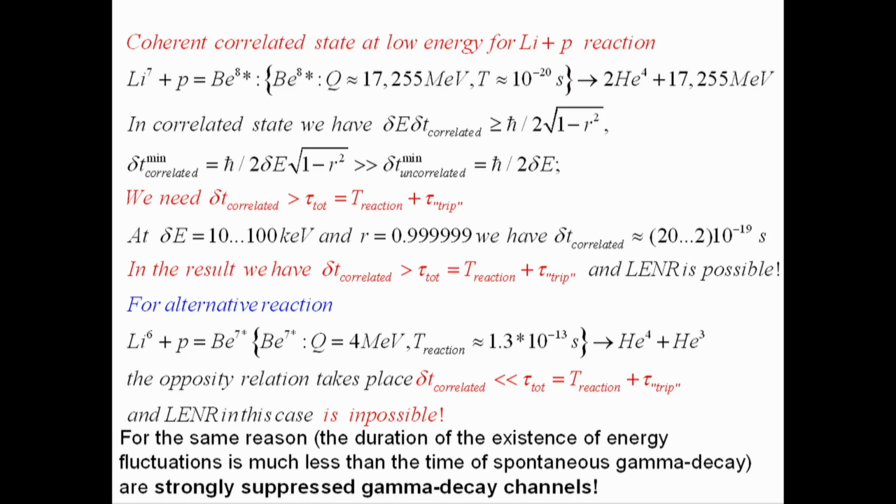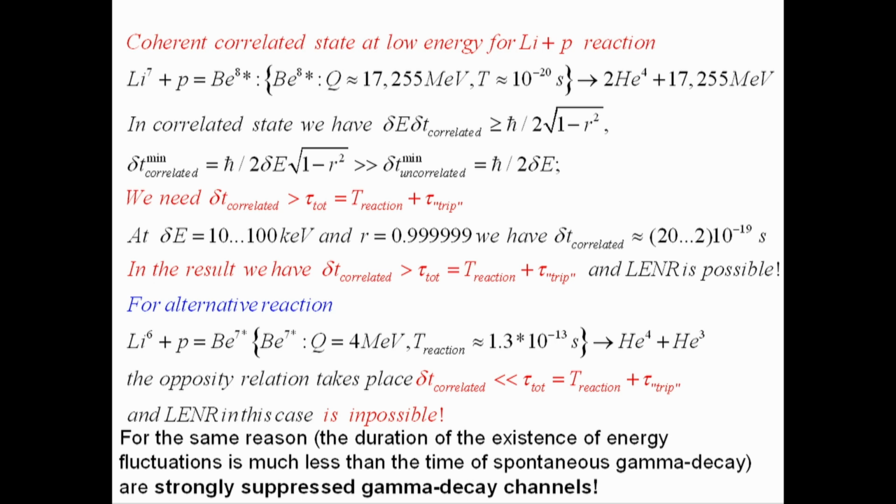Gamma radiation is well-known electromagnetic radiation, but its typical duration is about 10 to the power minus 15, 10 to the power minus 14 seconds. The fluctuation necessary has the same problem: we need to return energy in a time many orders of magnitude longer than the radiation's existence. So such a channel is absolutely impossible.